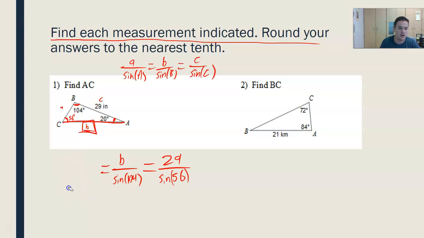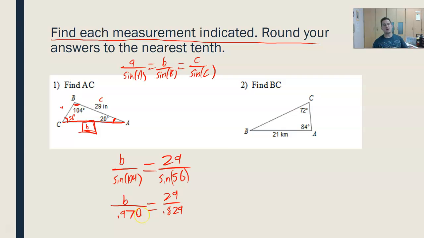I don't even need to worry about that, because right now I'm going to solve for b. So I have one unknown variable in this equation here. Okay, so I'm going to go ahead and compute these 2 values, sine of 104 and sine of 56. Sine of 104 is 0.97, so I'm going to go ahead and put b divided by 0.97 equals, and then 29 divided by sine of 56. Sine of 56 is 0.829.